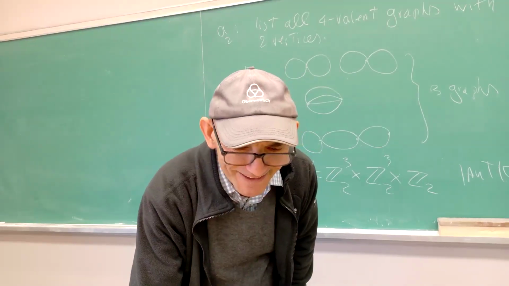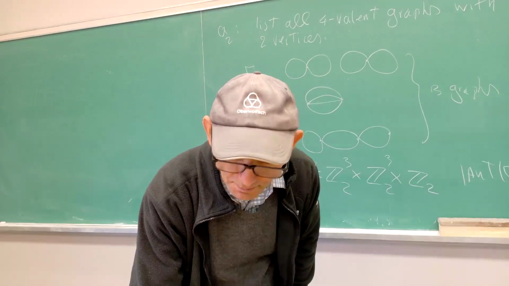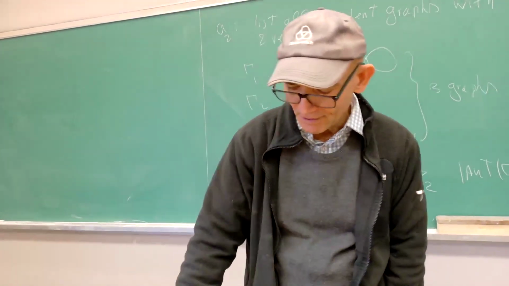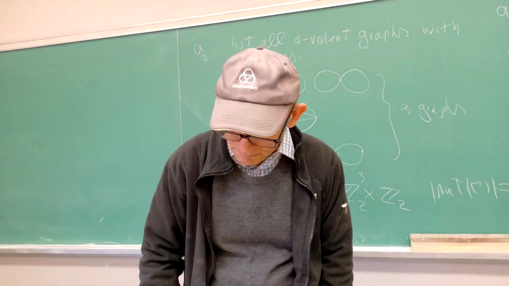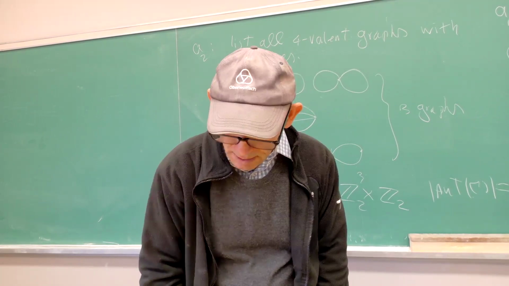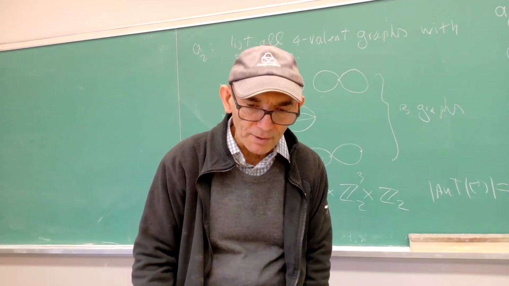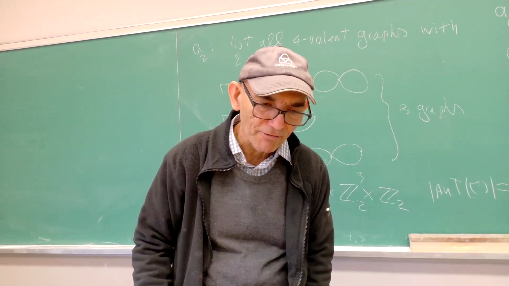May I ask a question? Oh yeah. Is it combinatorially known how many k-valent graphs with n vertices we have? No, I don't think so. I'm not an expert on graph theory, but I believe this is not even a polynomially solvable problem, so that's quite tough.